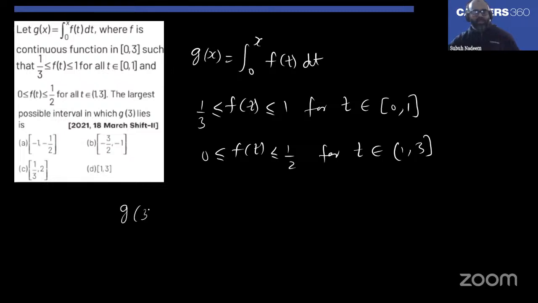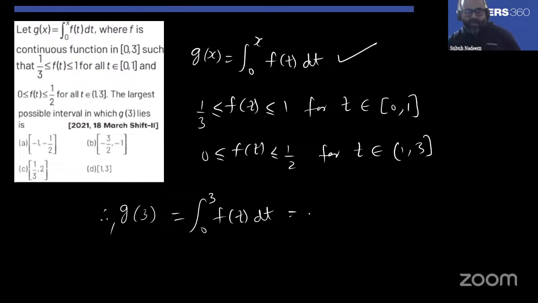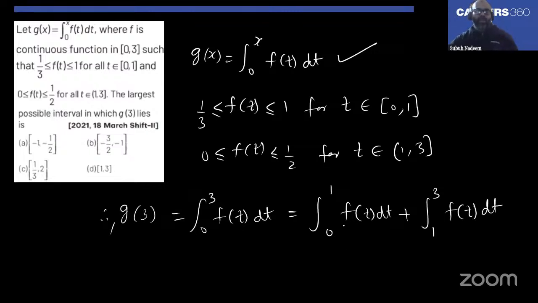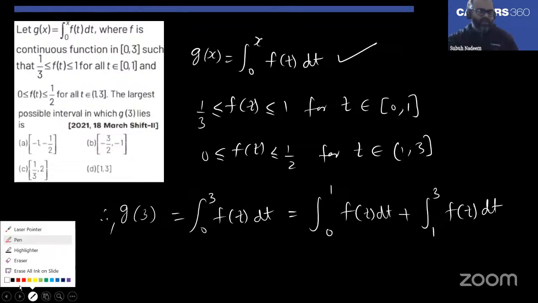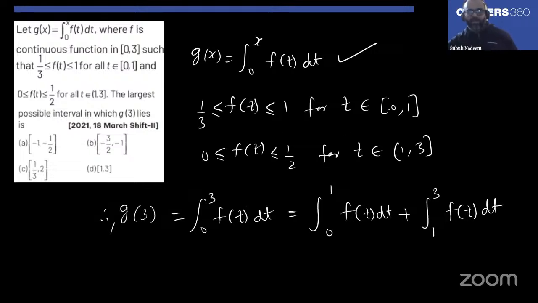So what is G3? G3 is equal to, from this definition, 0 to 3 ft dt. Now we know that it can be written as 0 to 1 ft dt plus 1 to 3 ft dt. Now for 0 to 1, the interval 0 to 1, if we see here, ft is between 1 by 3 and 1.